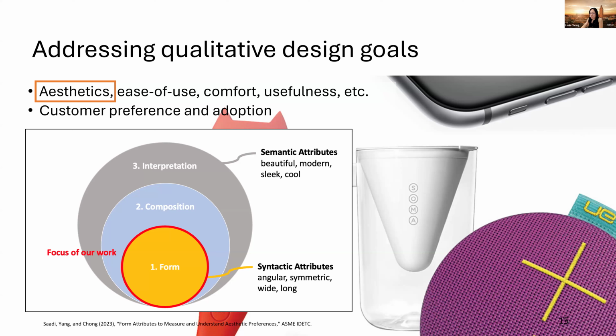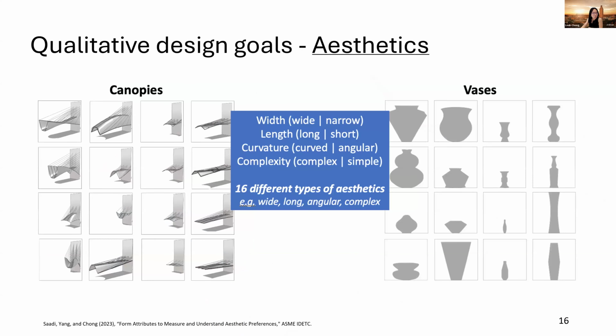So in this work, what we're trying to do is define aesthetics in a more objective manner, and can we communicate that to AI systems? So we focus more on the form aspect and try to define aesthetics into different groups. In my previous research, as a case study, I selected one very engineering design component versus a more aesthetic design component, so canopies and vases here.